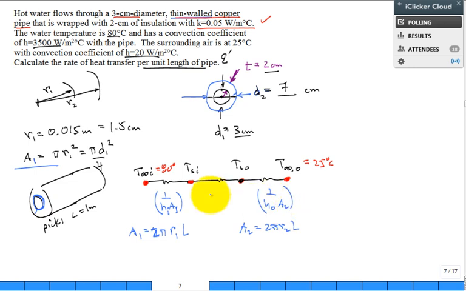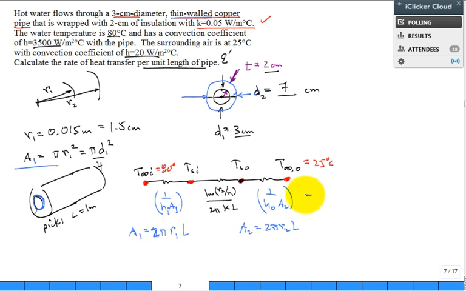Now, what about the resistance for conduction through the layer of insulation? You have to remember the equation, or you go look it up. Natural log R2 over R1, divided by 2 pi k L. So you would plug in your numeric values for the h's and the areas, and this will give you a resistance. They're all in series, so you can sum them up.